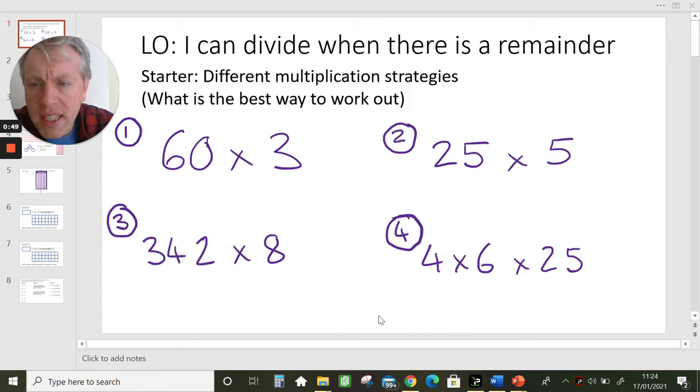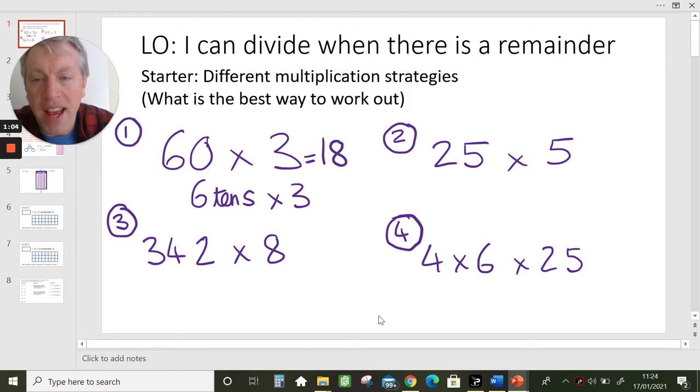No, 60 is 6 tens. 6 tens times 3. 6 times 3 is 18, but we are talking about 18 tens. So we're going to make our number not 18, but 18 tens. We're making 18 10 times bigger, 180.